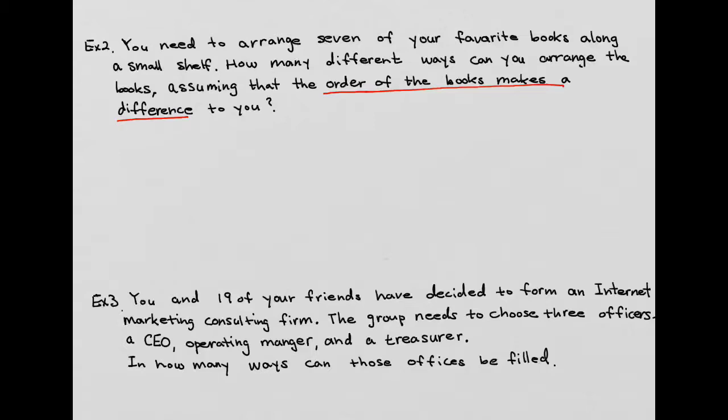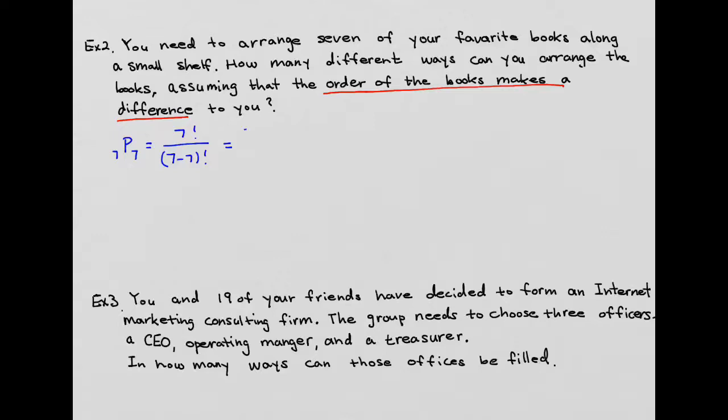So if we know it's going to be a permutation, we have 7P7. You have a total of 7 books, and you want to rearrange all 7 by order. So you're going to do 7 factorial over 7 minus 7 factorial.